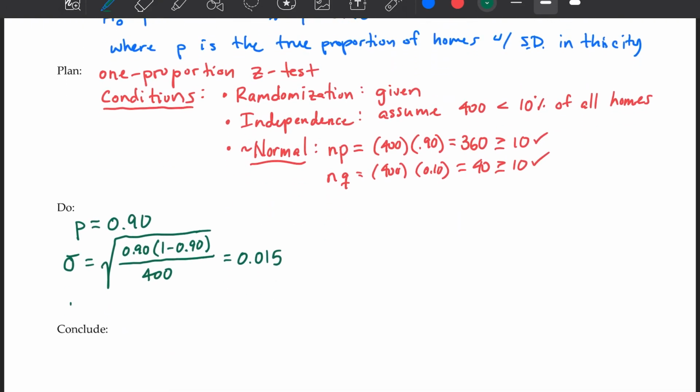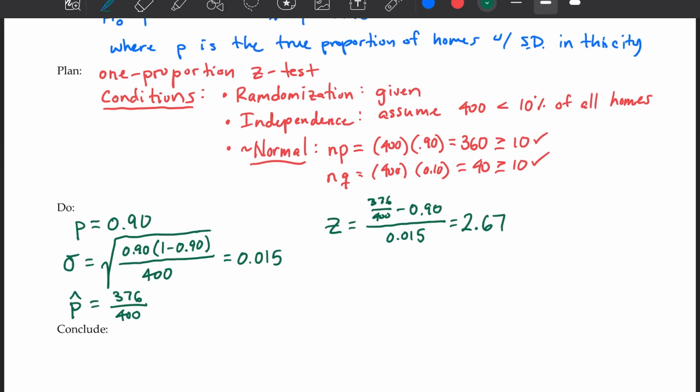So p-hat is going to be 376 over 400, which is 0.94 exactly, but I like to leave it as a fraction just in case it's a weird decimal, to make sure my answers are closer to the right answer. All right, so let's go ahead and find our z-score here. So we got 376 over 400 minus 0.90 all over 0.015, which gets us a z-value of about 2.67.